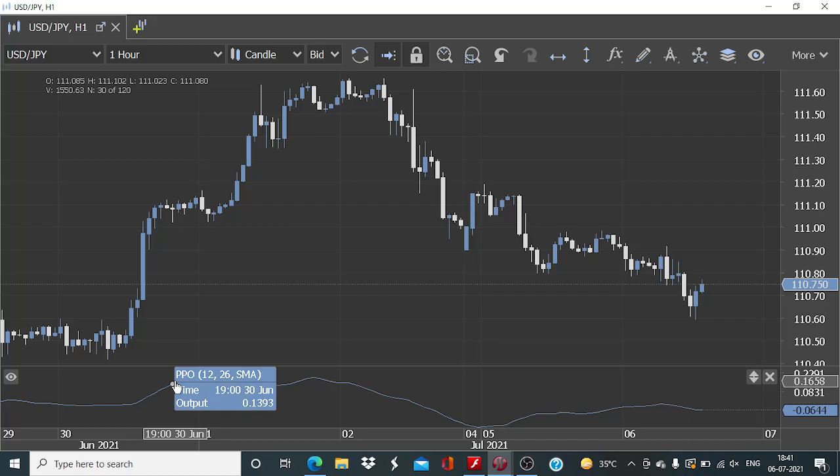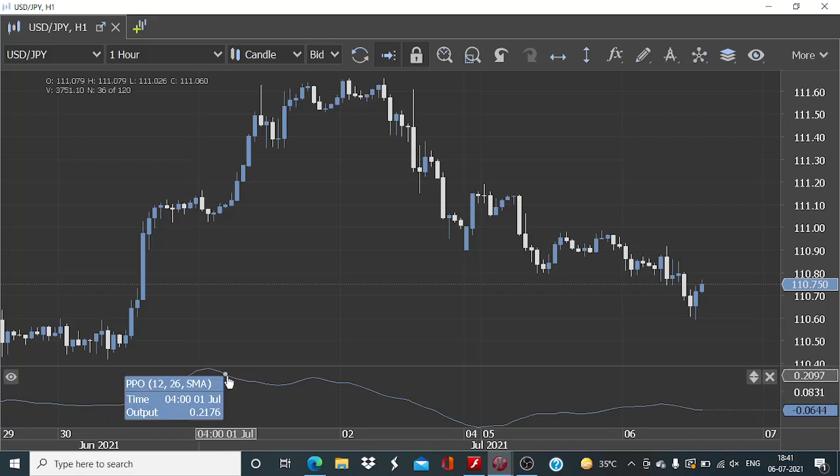And for any short sell trade, we want the PPO value for the last 3 hours to start converging, and this difference should also be in a declining phase, but the difference will need to be more than 0.05.